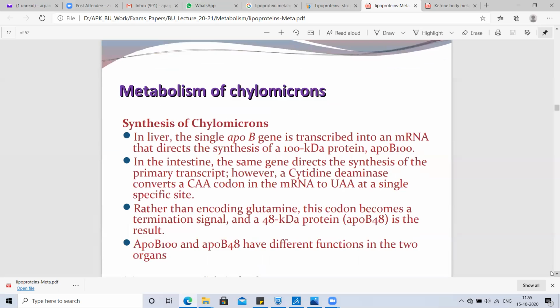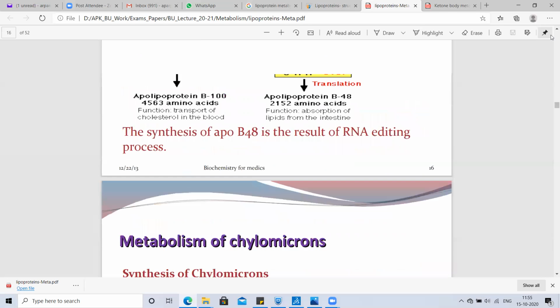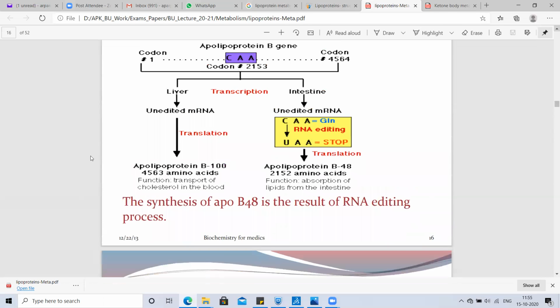If we move to the further part of this class, it is catabolism. In the liver, a single ApoB gene is transcribed into the mRNA, as I already discussed in this slide, so there is no need to discuss it again.